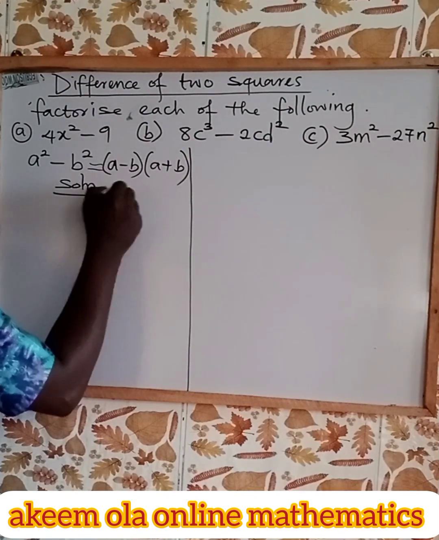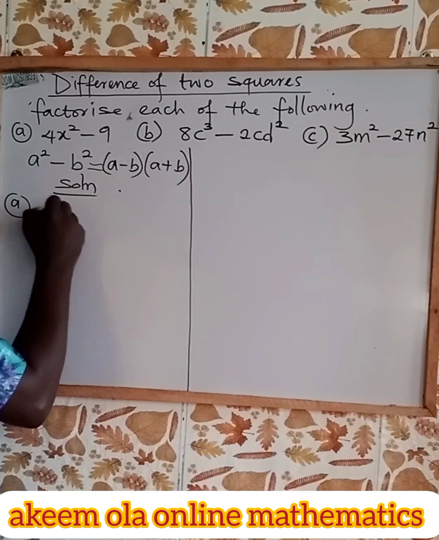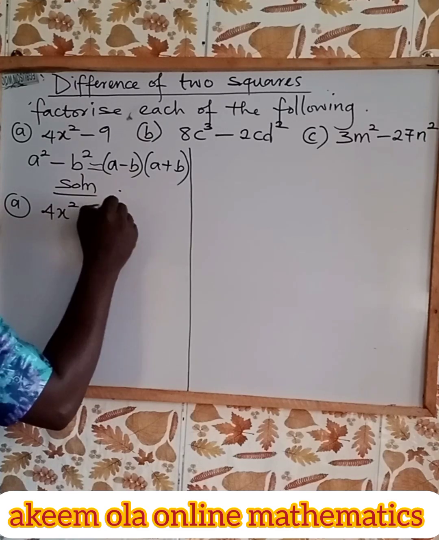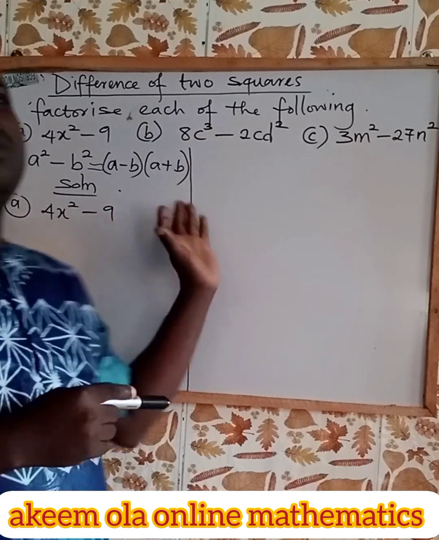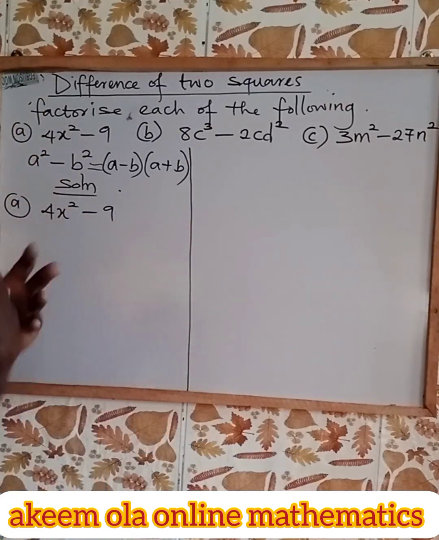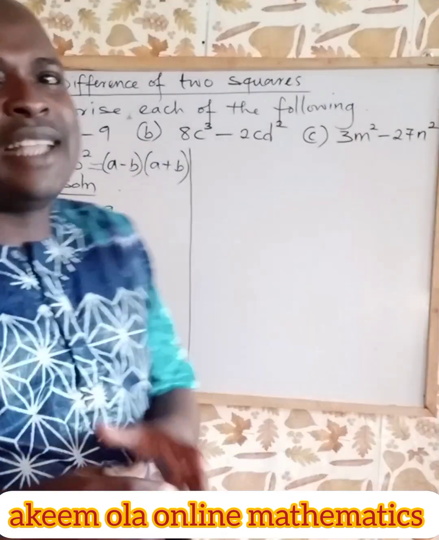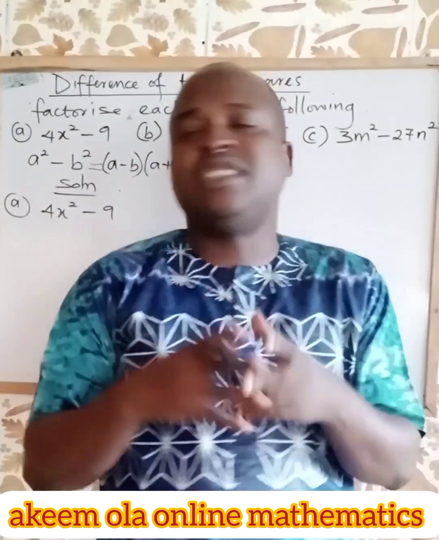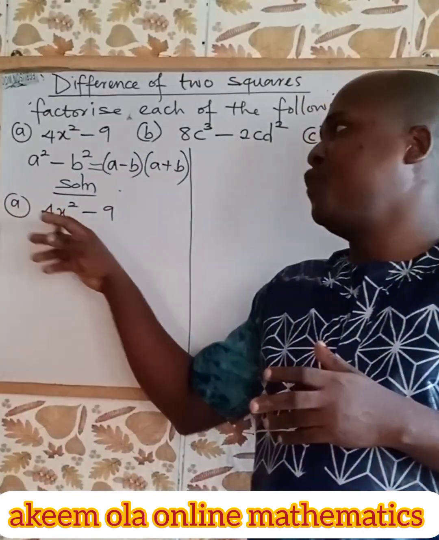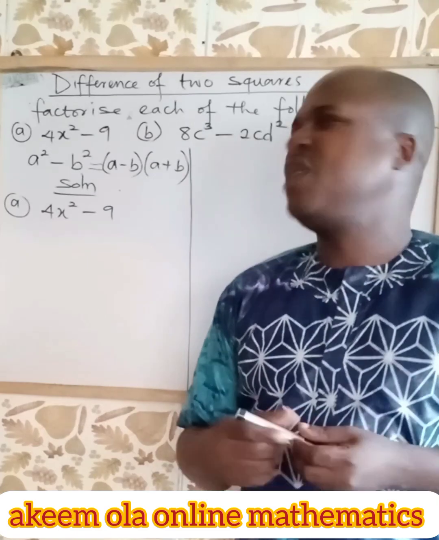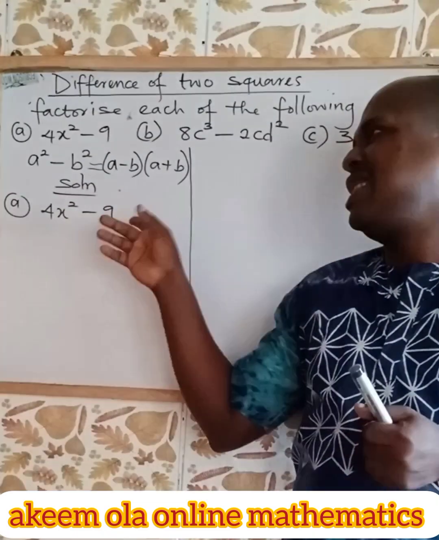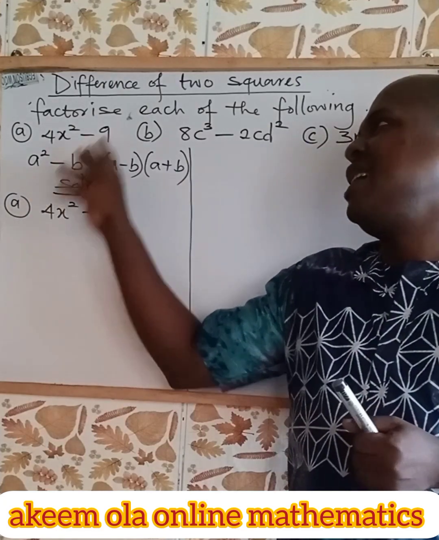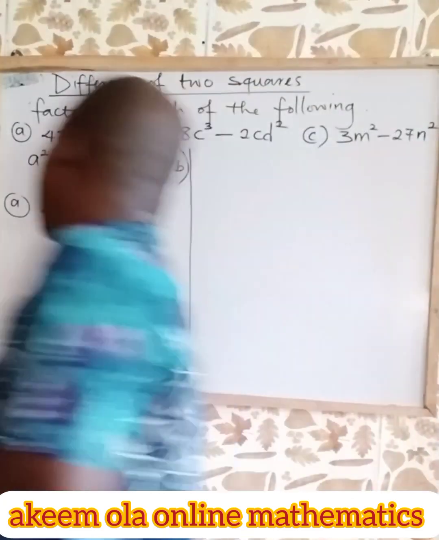Solution A. We have 4x squared minus 9. We are going to express these two terms in such a way that the first term, 4x squared, must be expressed in terms of a square, and the second one, 9, must also be expressed in terms of a square.